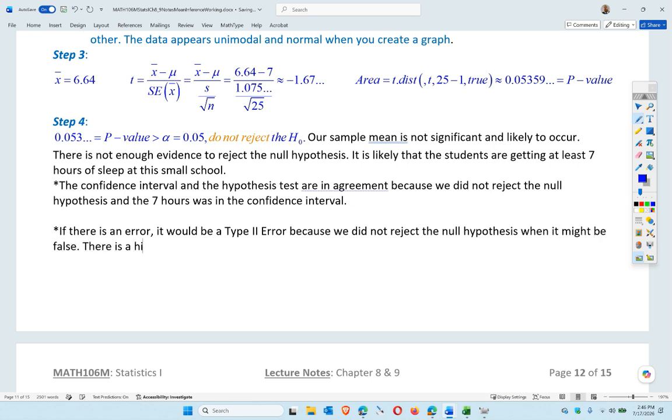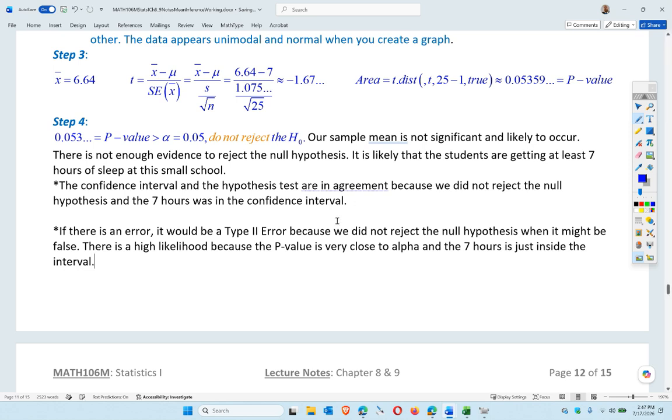There is a high likelihood because the p-value is very close to alpha, and the 7 hours is just inside the interval. Okay, so very high likelihood of a type 2, but what are you going to do here?